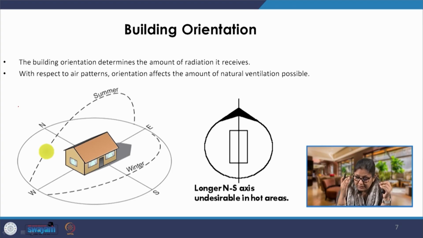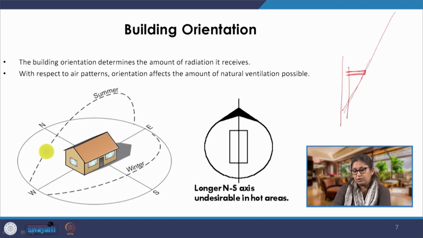While if we have the longer side of the building facing north and south, which means that the longer axis is aligned along east and west, in that case the entire north facade is cut off from the direct sun in the northern hemisphere, and for the south, since the sun is at a higher altitude, if the building has a small projection like a chhajja, we can cut off almost the entire sun that is coming from the south.